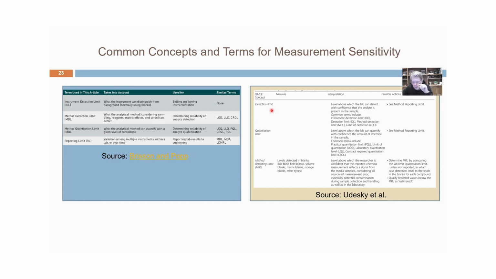But that signal, that can be detected with confidence as being greater than the noise, could be insufficiently high to actually quantify.